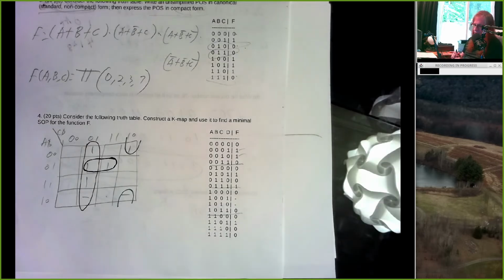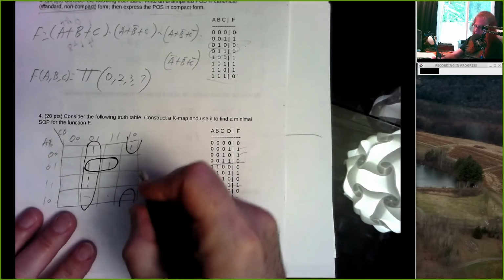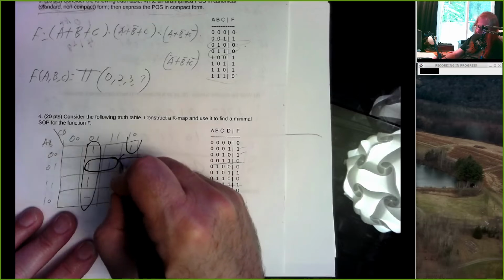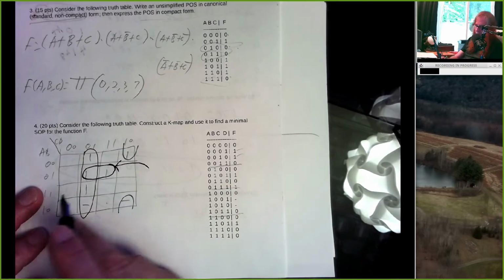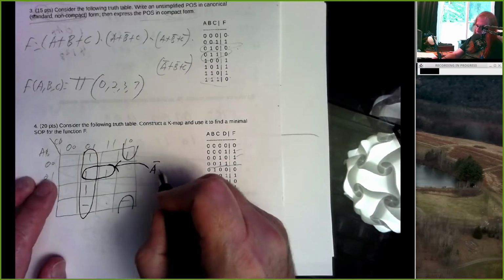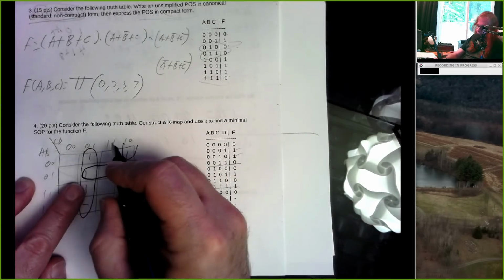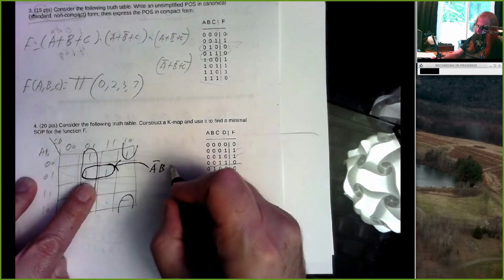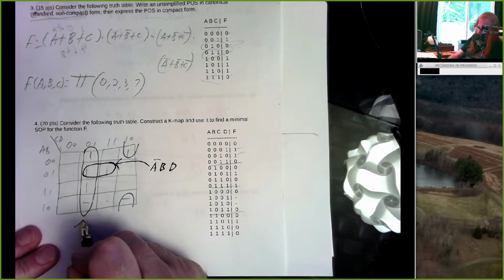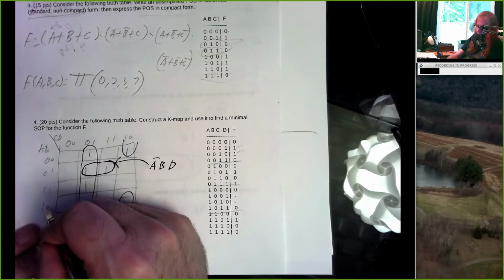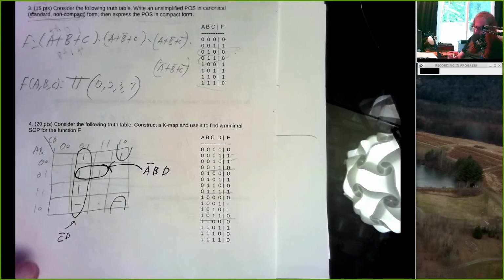And then you write the product term for each of these expressions. This rectangle right here, A is a 0, so that's A bar, B is a 1, C is a 0 or 1, so it doesn't matter, and D is a 1. And then this long skinny one, A and B can change between 0 and 1, so they don't matter, but C is a 0 and D is a 1.